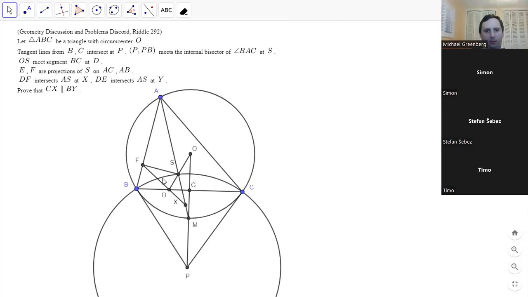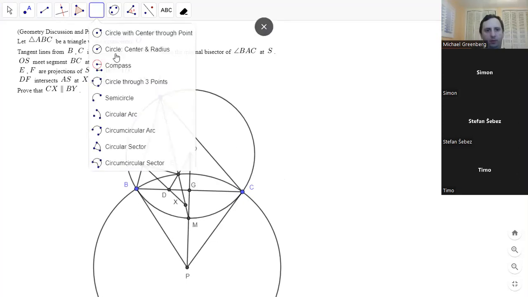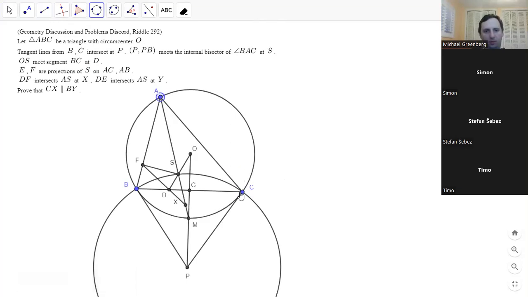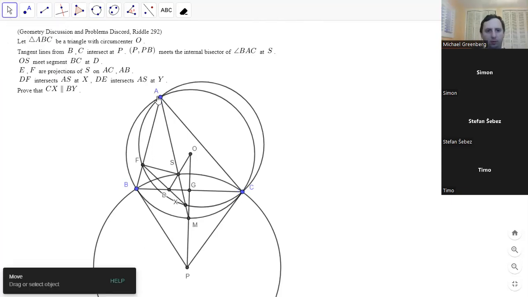I don't know if it's worth drawing the foot of the altitude from A, and then we could try to show that we have a cyclic quadrilateral. So I don't think F lies on that circle.